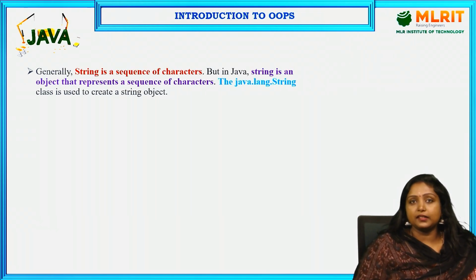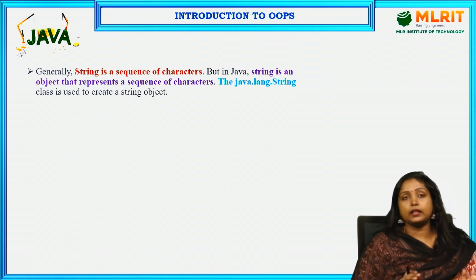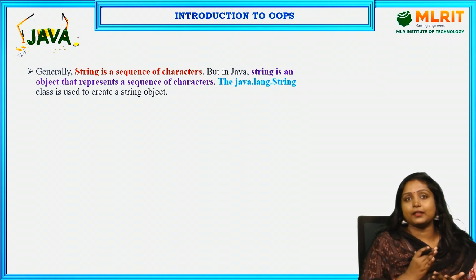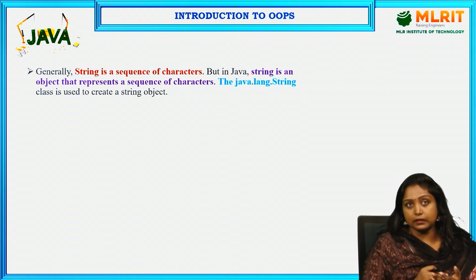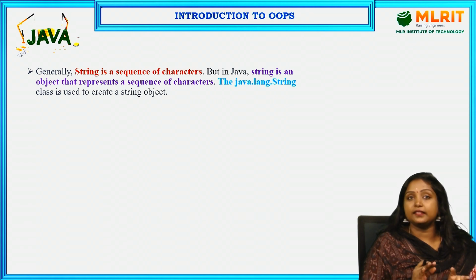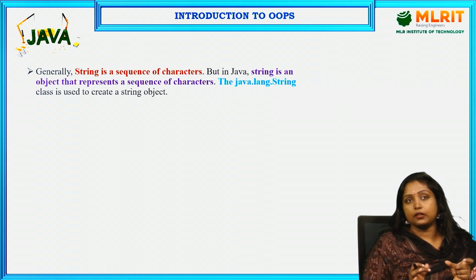So a string is a sequence of characters. We are going to see what a string is. In C++, a string is a sequence of characters, but in Java, a string is an object that represents a sequence of characters, which is nothing but a class. So we create objects of the string.